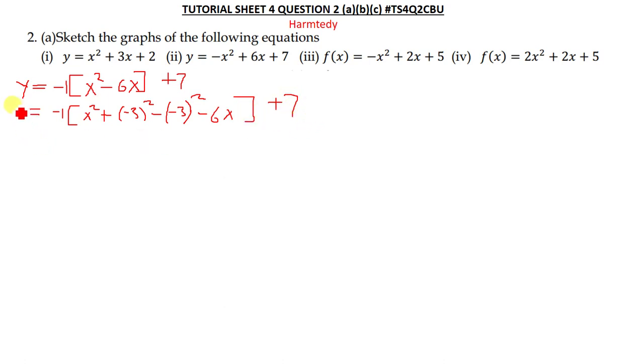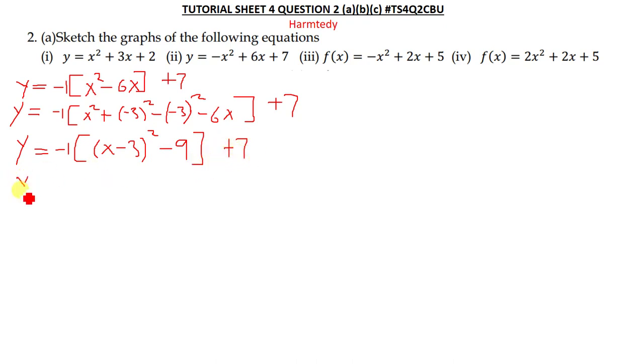So here y is equal to, and then we write our -1 like that, then we complete the square of this part. We're going to have x minus 3 in brackets, then we square it, and we say minus 9.